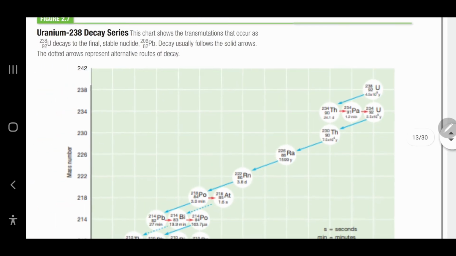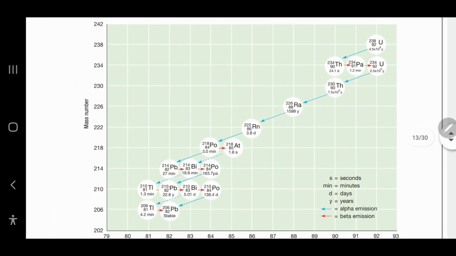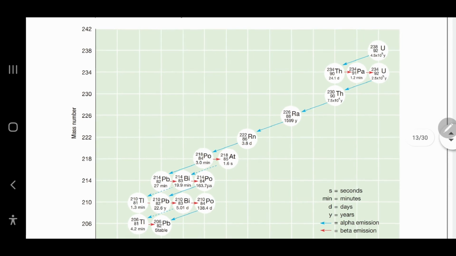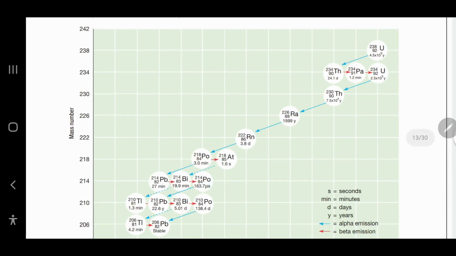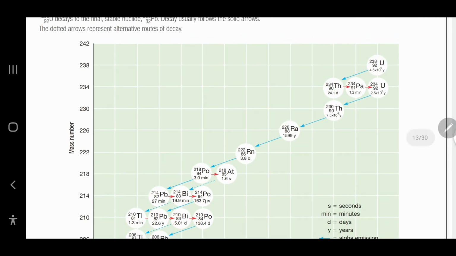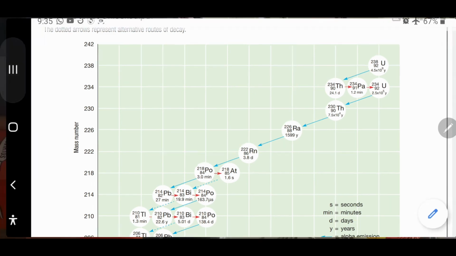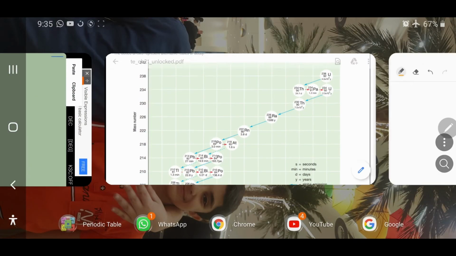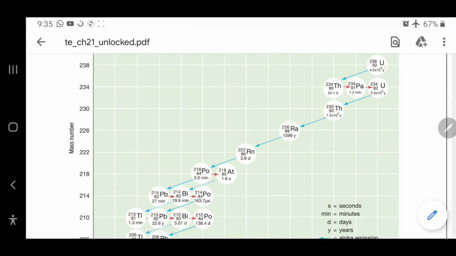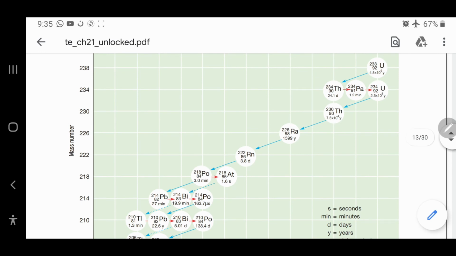The uranium here is the parent nuclide. The first one is the parent nuclide.